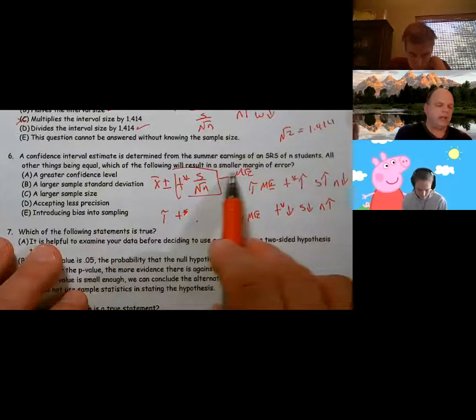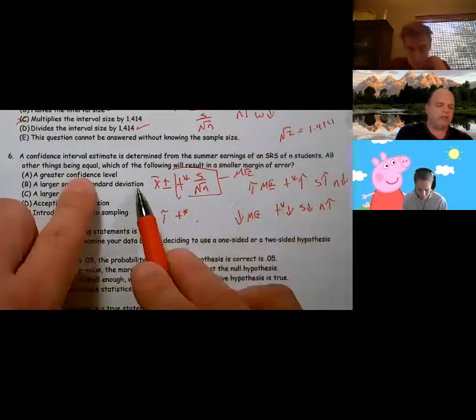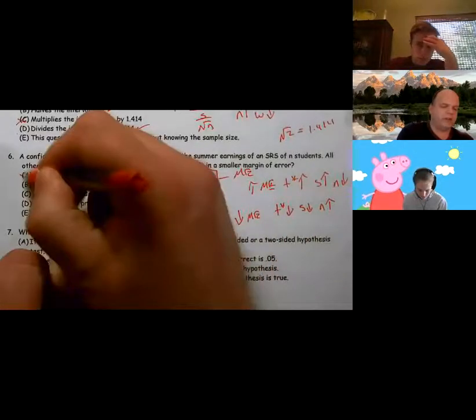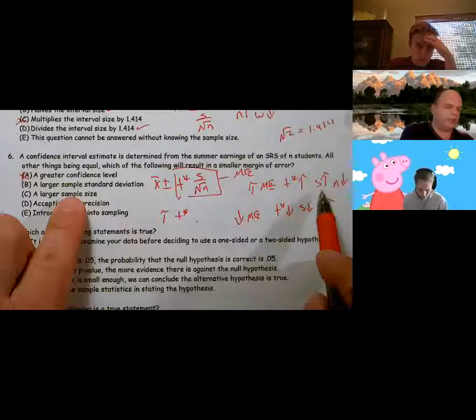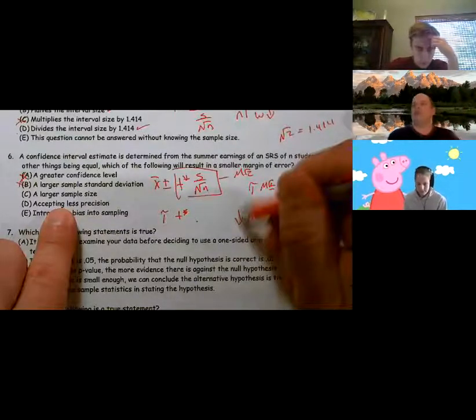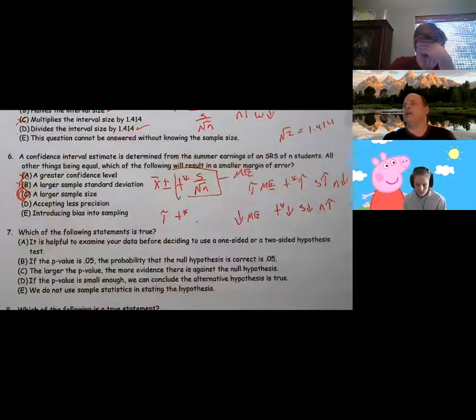A greater confidence level. Well, that's going to make a bigger t star, so that's not true. A larger sample standard deviation. If that goes up, this goes up, so that's wrong. A larger sample size. If that goes up, this goes down. So number 6 is letter C. And that's actually a pretty important concept.